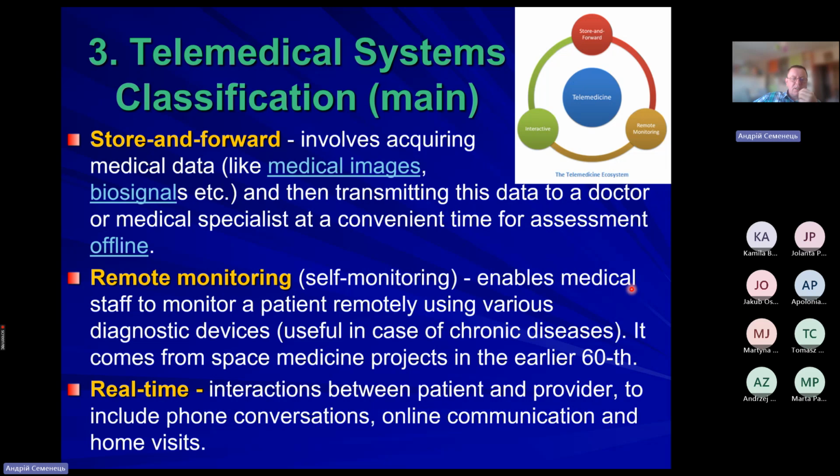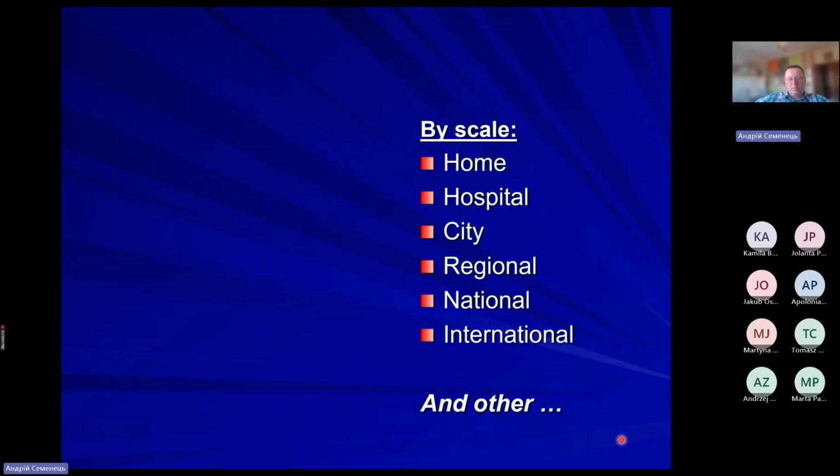Remote monitoring, which enables medical staff to monitor a patient remotely using various diagnostic devices. As I said, it is rooted in space medicine projects. And real time, of course, which is real-time interaction between patient and provider, including phone, starting from radio conversation, phone conversation, online communication, and so on.